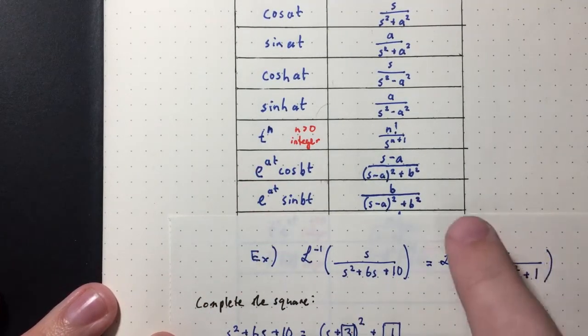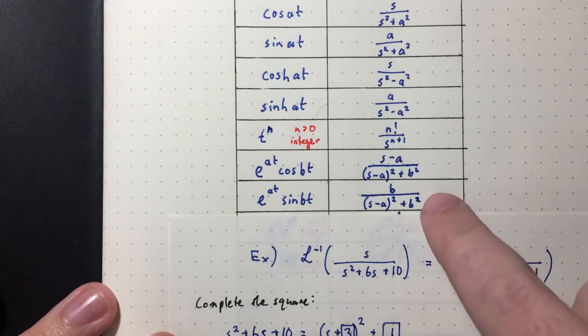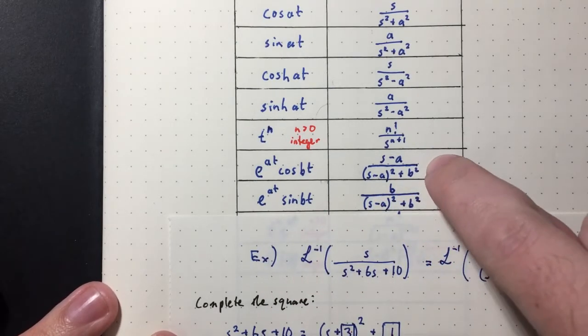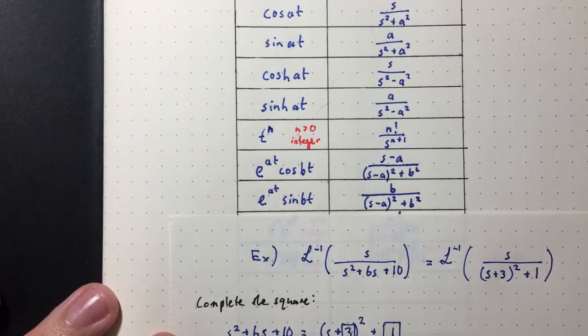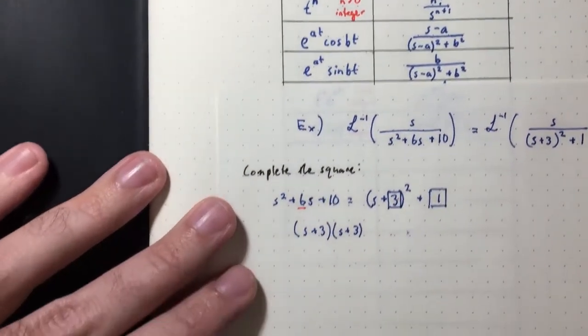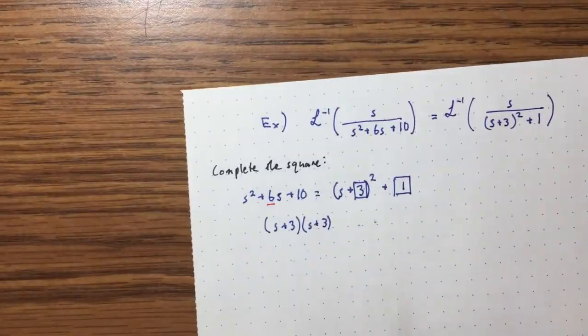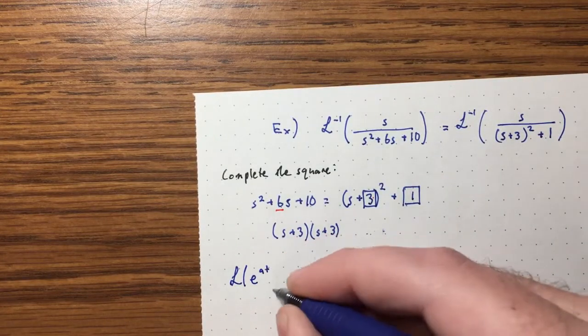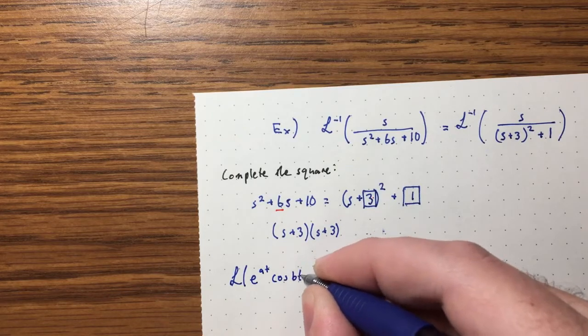I have an s in the numerator, so that rules out this one, because it has no s. I want to use this formula here, e to the at cosine bt. Let me copy down that formula. But you might notice that one still looks a little different, so we're going to have to do something else.